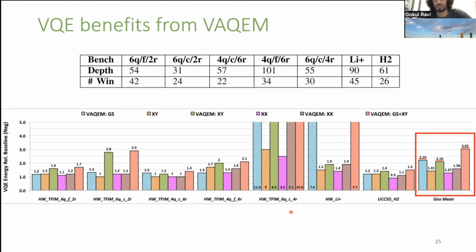Especially for the circuits which had high depth, like this 6 qubit, 4 rounds Hamiltonian, where the number of rounds is indicative of the depth, as well as this lithium hydride, which is also a pretty deep molecule. This agrees with what we showed earlier: the more complex these circuits are, the more idle windows there are. That means there's more potential for optimizing things like this decoherence refocusing, and so forth.